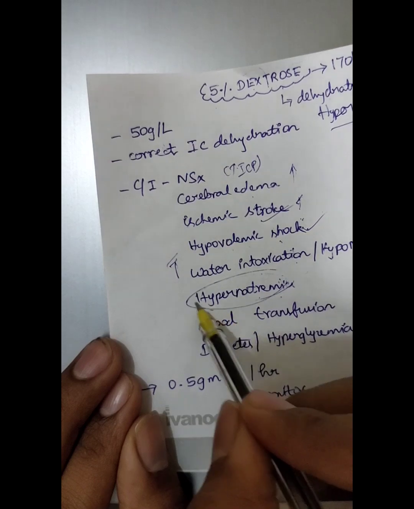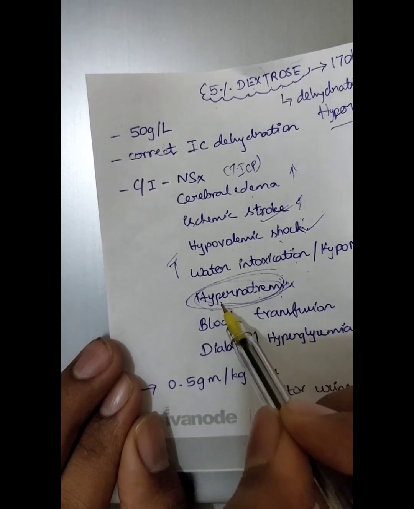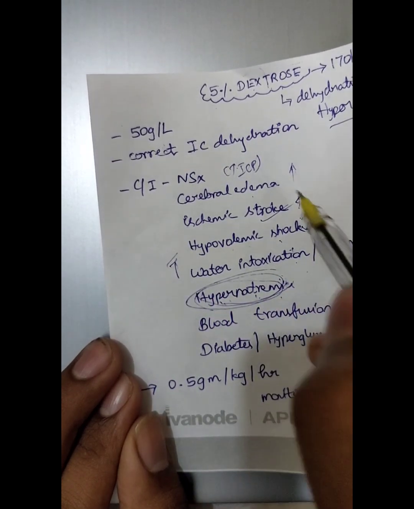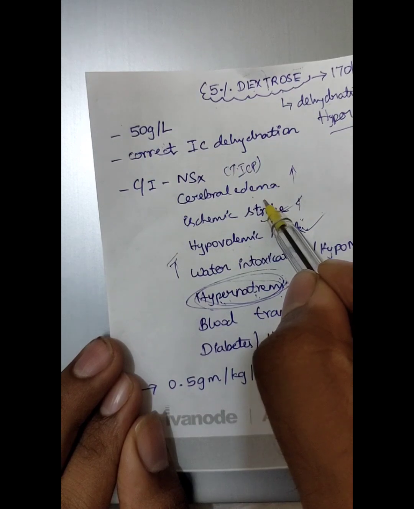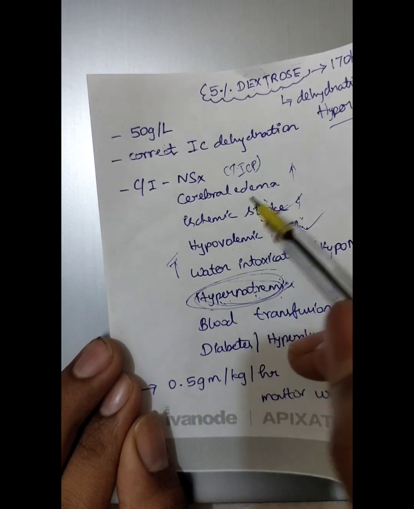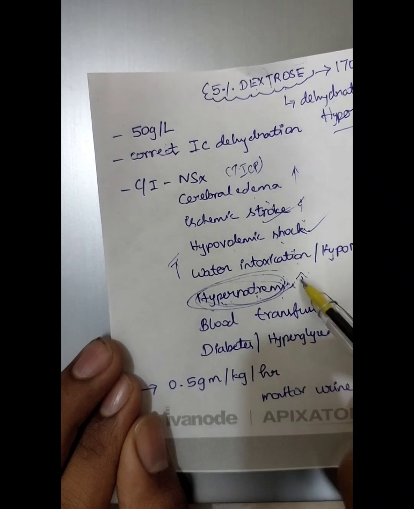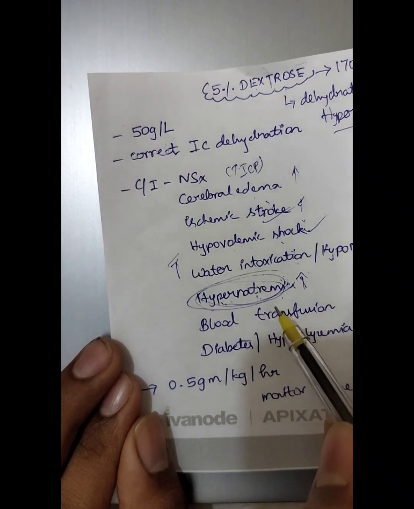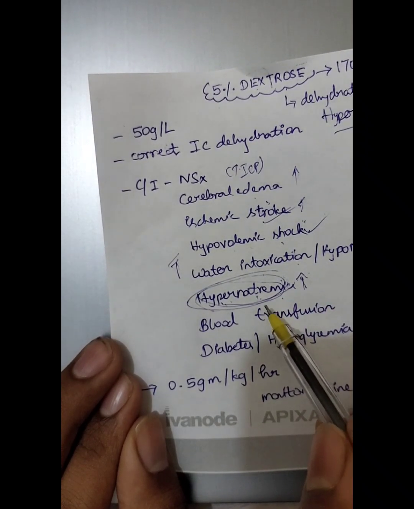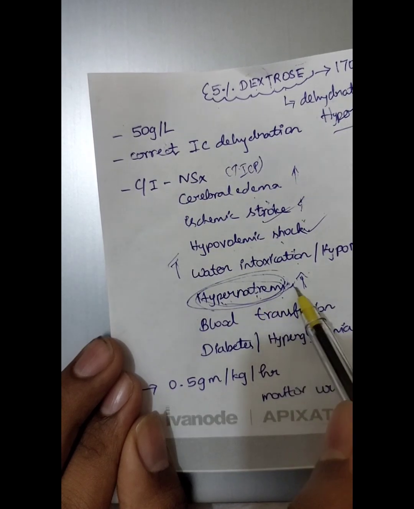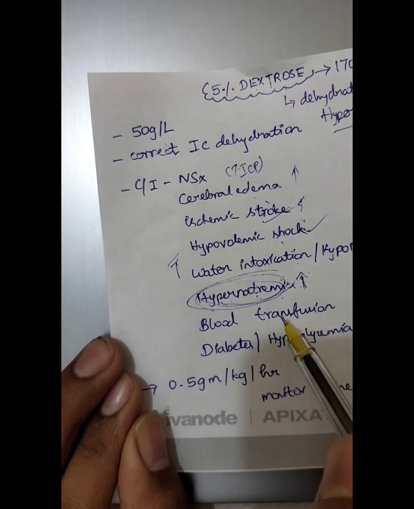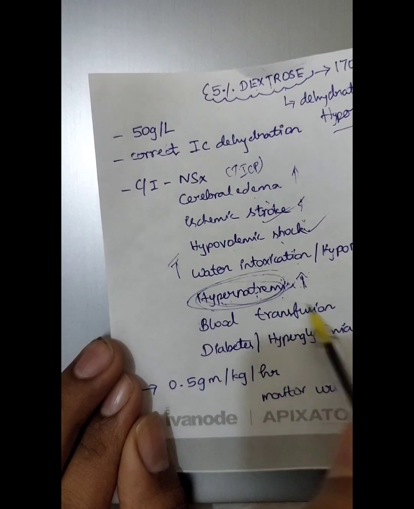While we are giving a fast infusion of 5% dextrose in hypernatremia, as I said before, there will be an osmotic diuresis which aggravates the hypernatremia further. Keep that in mind. You should give only a very slow infusion of 5% dextrose.